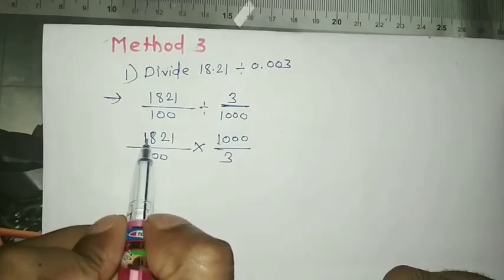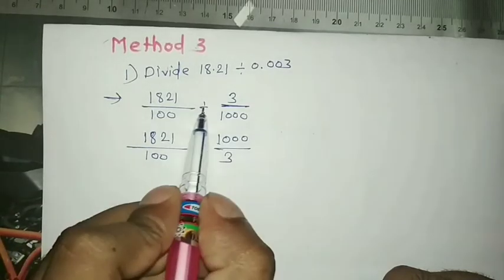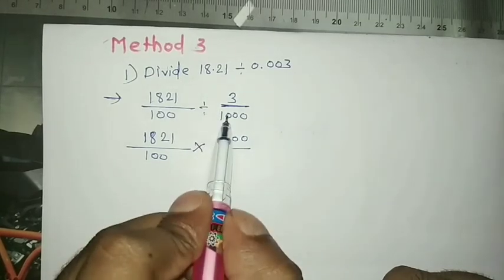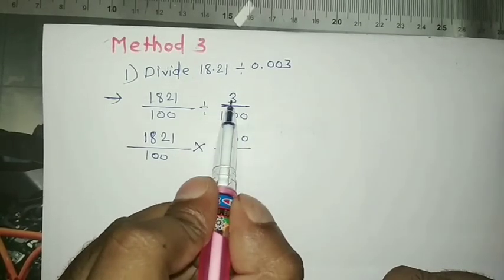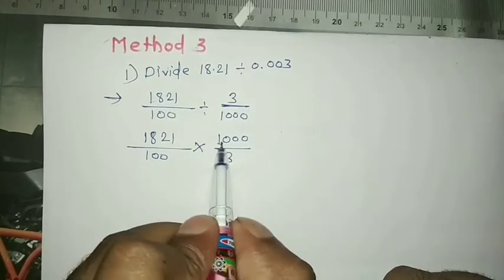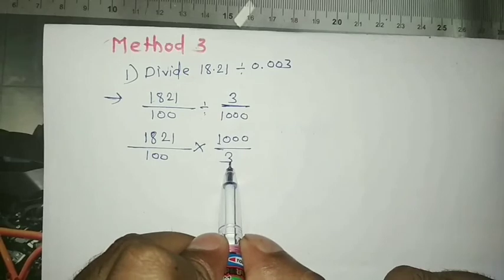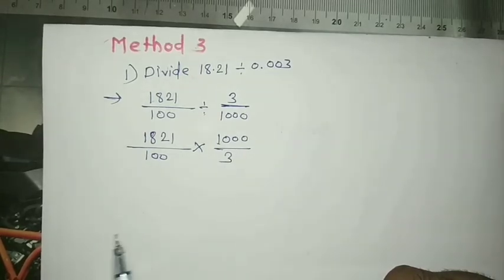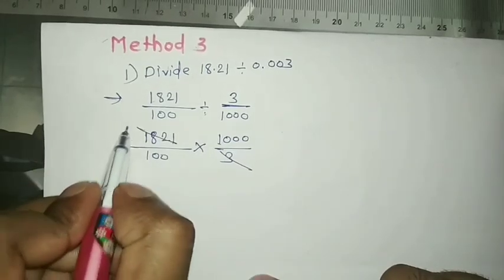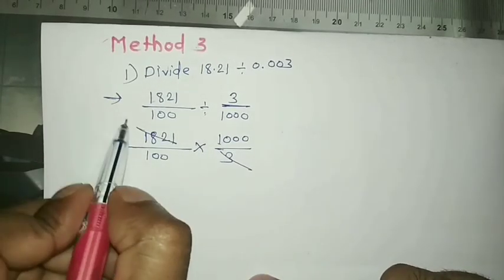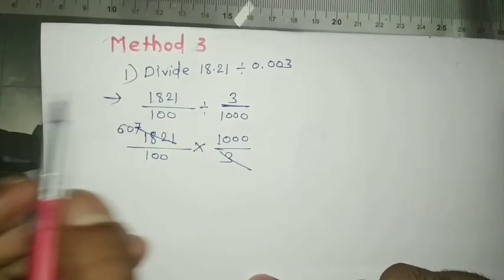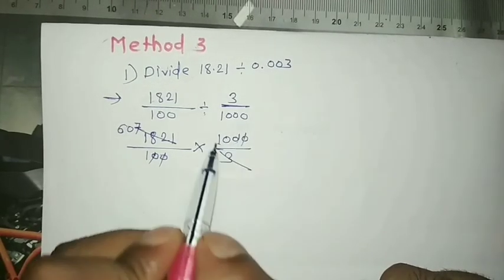Now I solve this. So 1821 divided by 100, and here is the division sign. I convert it into multiplication, so the denominator gets converted into the numerator and the numerator into the denominator. So I write 1000 divided by this 3. Now I solve this. 3 sixes are 18 and 0 remains, and 3 sevens are 21, and the two 0s cancel.